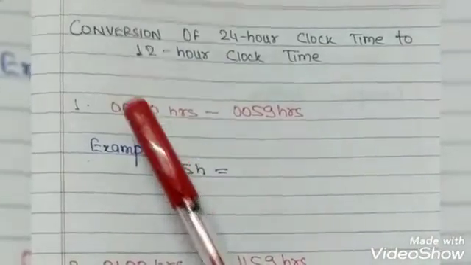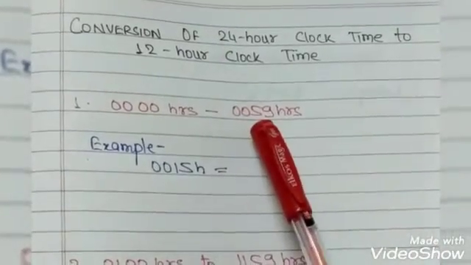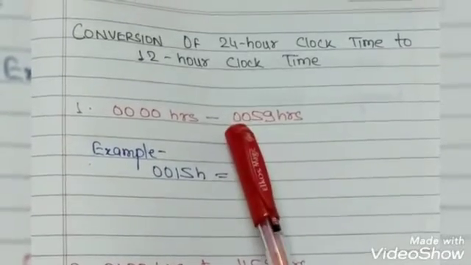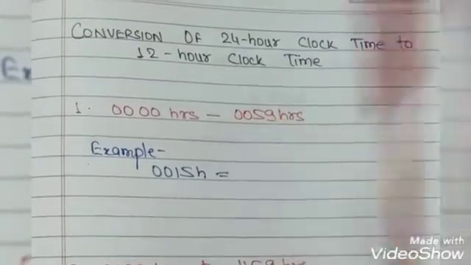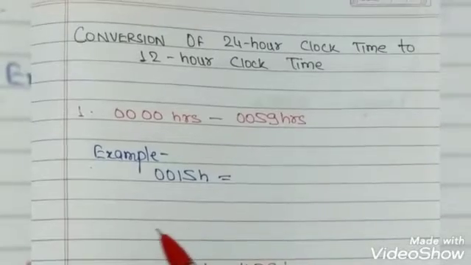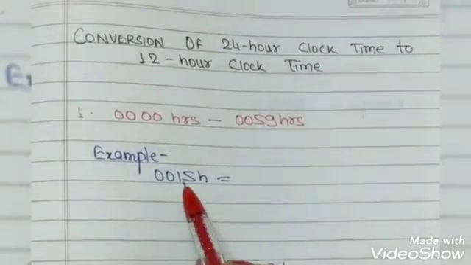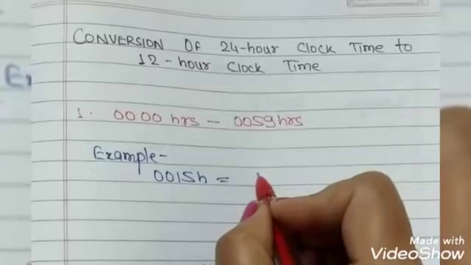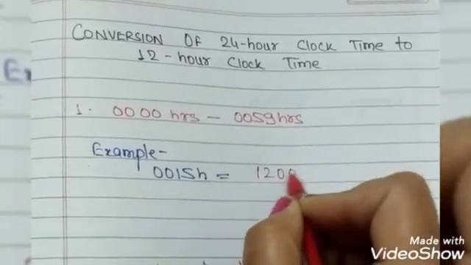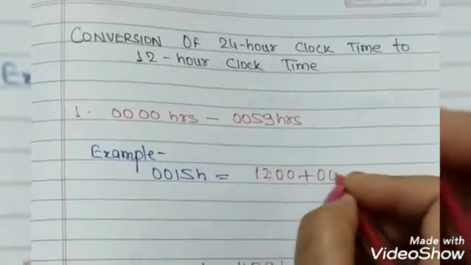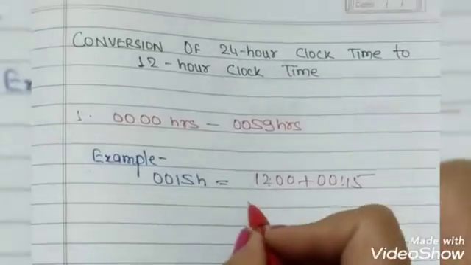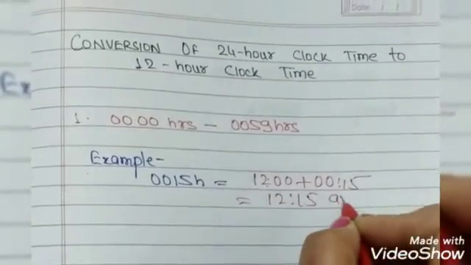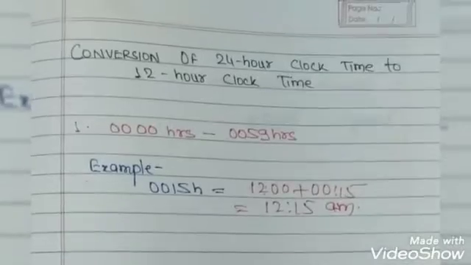So when the time is between 00:00 hours to 00:59 hours, we will add 12 to the hour number and then write the unit as AM. For example, if the given time is 00:15 hours, then add 12 to it, that is 1200 plus 00:15. So we get the answer 12:15 and the unit will be AM.